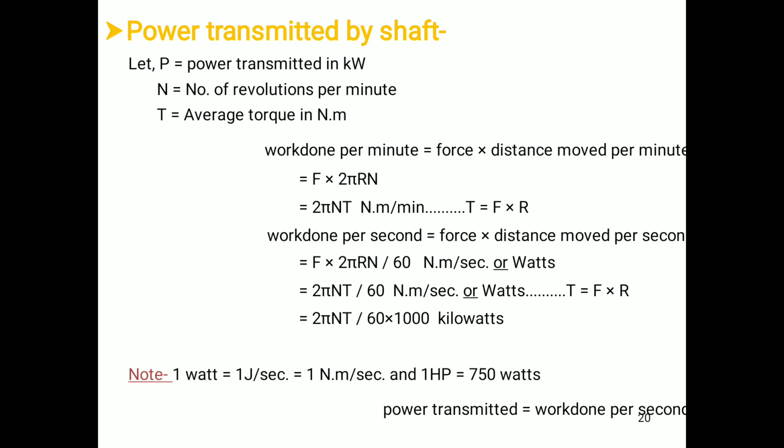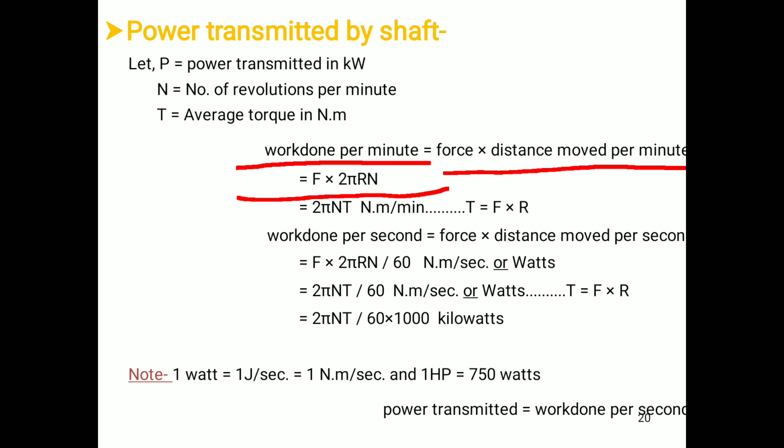Work done is force into distance moved per minute, because the definition of work done is force into displacement. So force is capital F and the distance moved per minute is 2 pi rN.